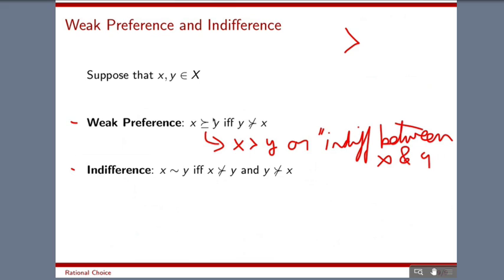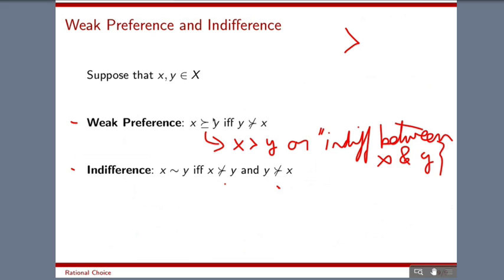Now, we can define our indifference relation. Indifference just means it's not the case that I strictly prefer X over Y, and it's not the case that I strictly prefer Y over X. Remember our list of four logical possibilities. We had strict preference in one direction, strict preference in the other direction, and then the last two were either I say I'm indifferent, or I don't have enough information to compare X and Y. And I said we rule out that last option.